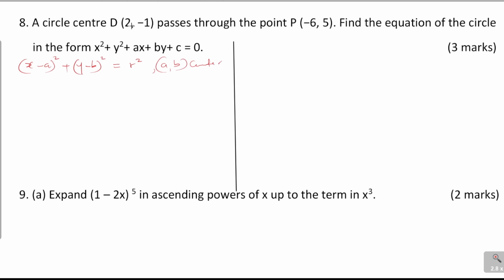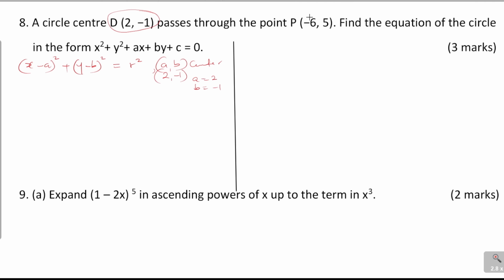Since the center is given as D (2, -1), a will be 2 and b will be -1. Then it passes through the point P (-6, 5).